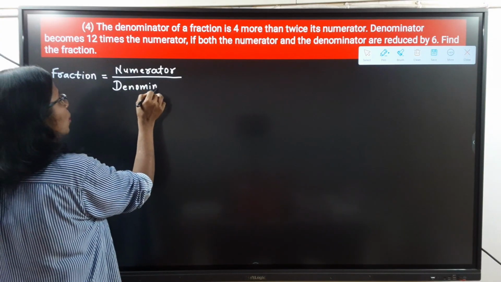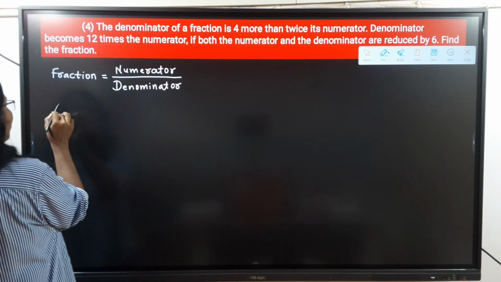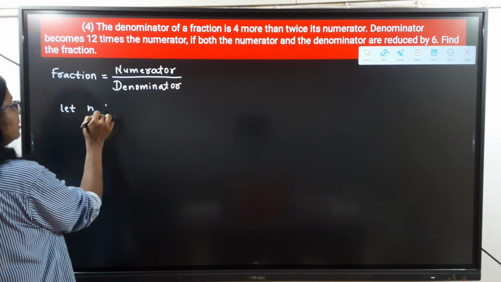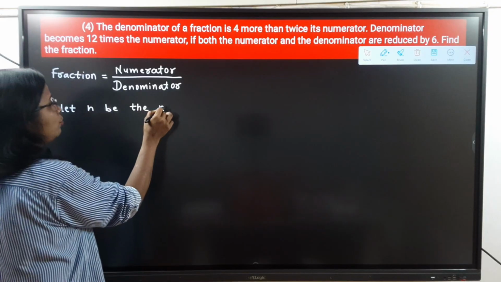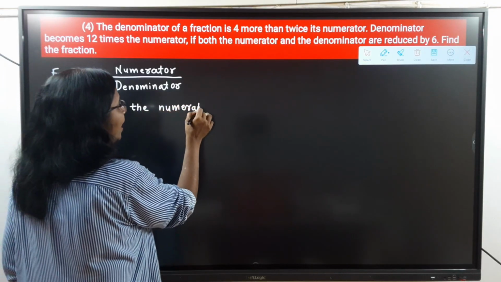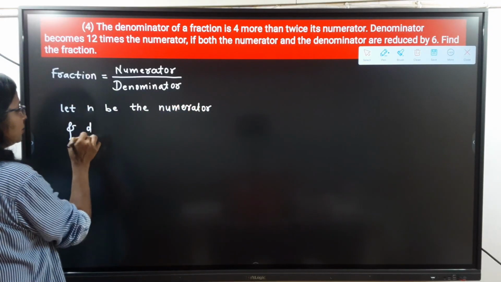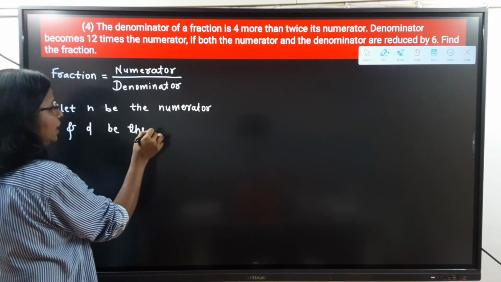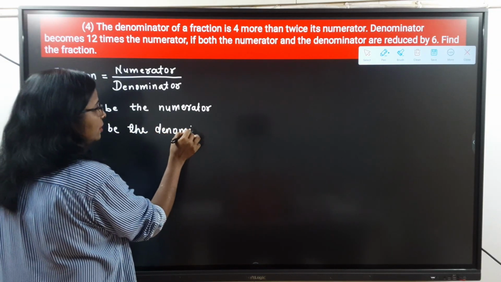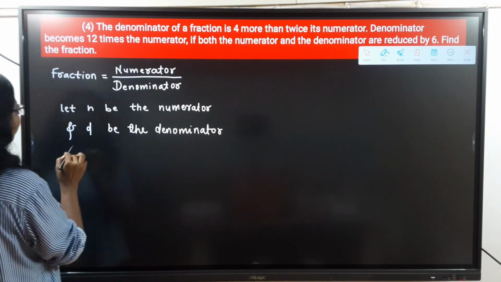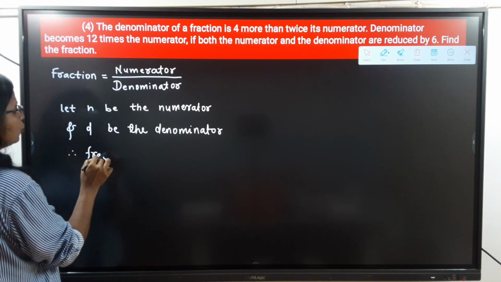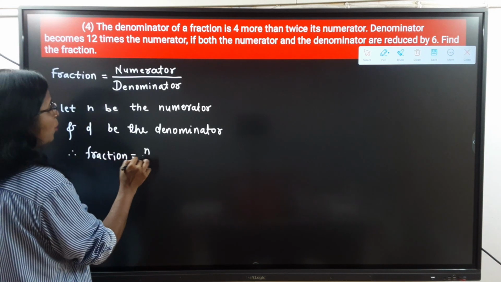Now here students, we say that let n be the numerator and d be the denominator. Therefore, the fraction is equal to n upon d.